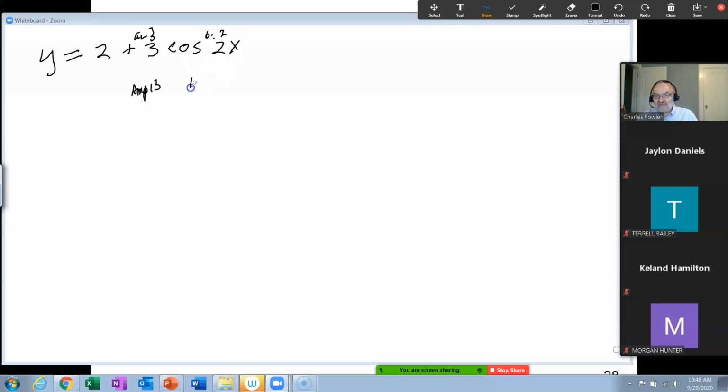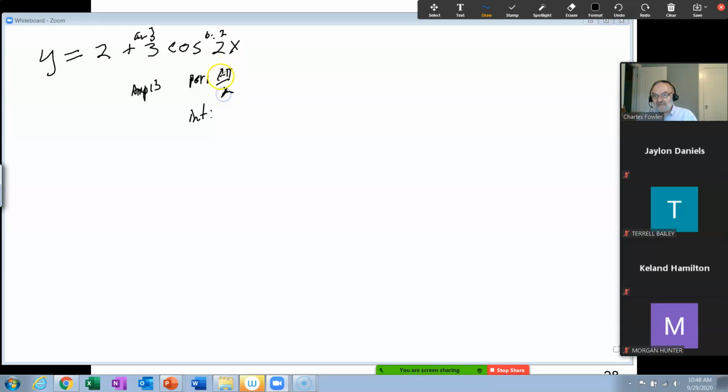That implies that the period is 2 pi over 2. Well, the 2's go out, and that leaves you just pi. Once I have the period, then I'll do the intervals, which is a quarter of that.